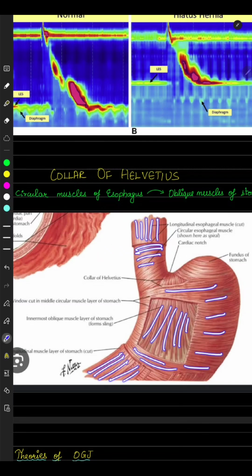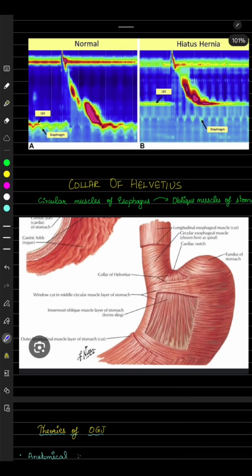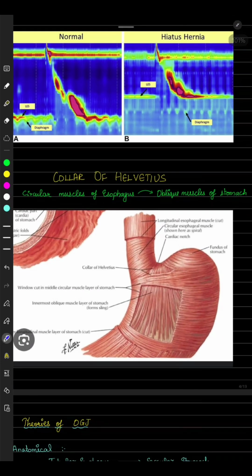These oblique muscles are derived from a continuation of the circular muscles of the esophagus. The point where the circular muscles of the esophagus convert into the oblique muscles of the stomach is known as the collar of Helvetius. Just an anatomical question, nothing related to surgery.